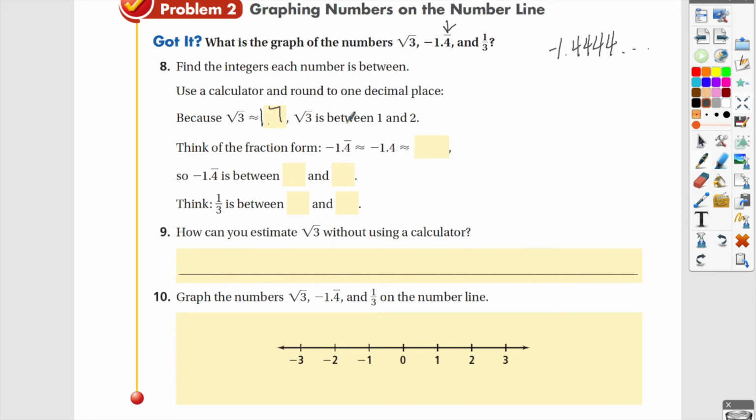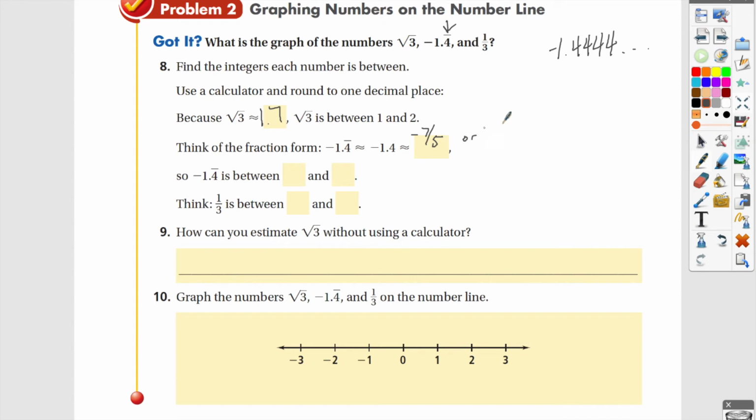Think of the fraction form of negative 1.4 repeated, which is approximately negative 1.4, which is also approximately, they can give you two different answers. You could have negative 7 over 5, which is the number I prefer, because negative 1.4 is roughly negative 7 divided by 5.